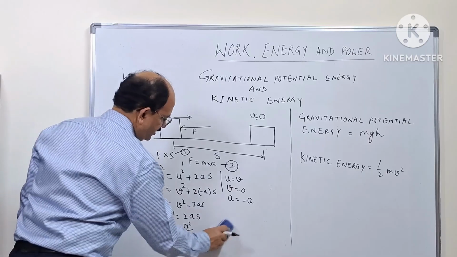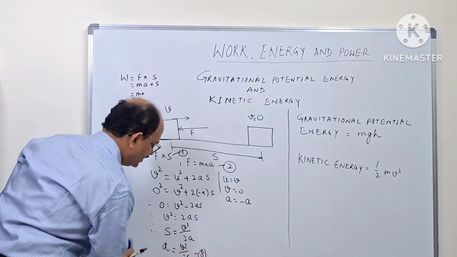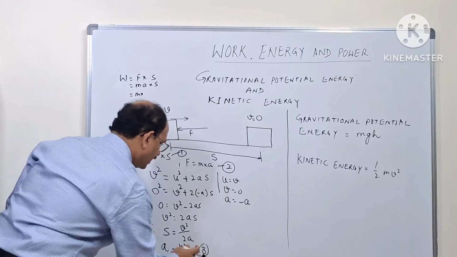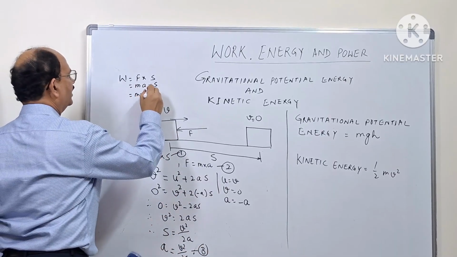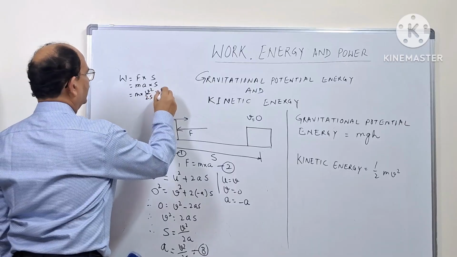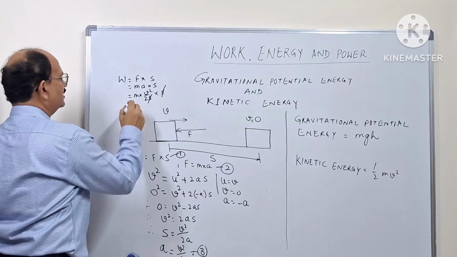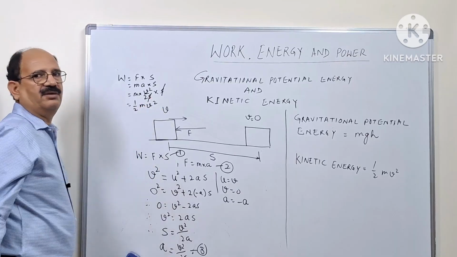So if I write it this way as equation 3 and use this equation 3 in this one, in place of a I can write v square upon 2s multiplied by s. So from this s and s get cancelled, and that becomes equal to half times mv square.